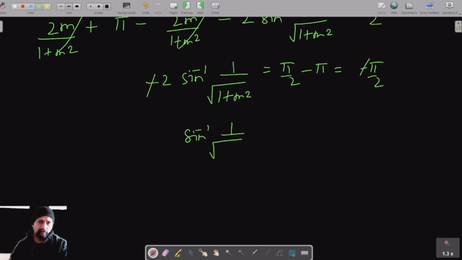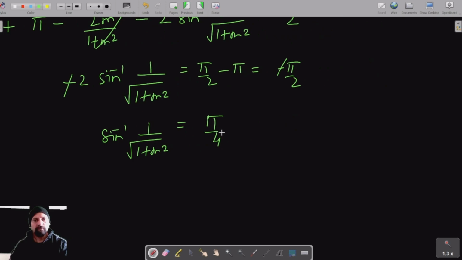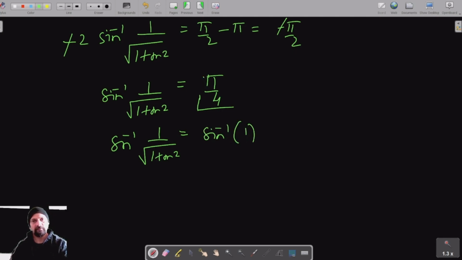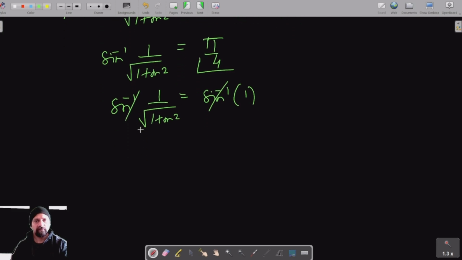So this is now sine inverse 1 upon root of 1 plus m square is equal to pi by 4. Now we know that sine inverse 1 is pi by 4. So instead of this pi by 4, I can write sine inverse 1, because sine inverse 1 is pi by 4. Now sine inverse gets cancelled.